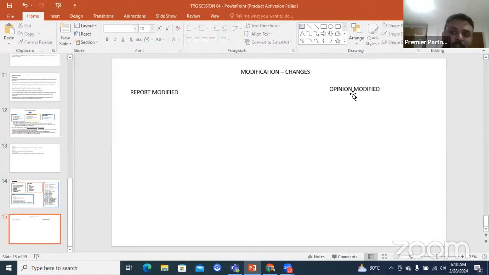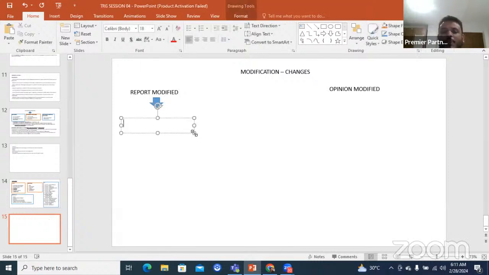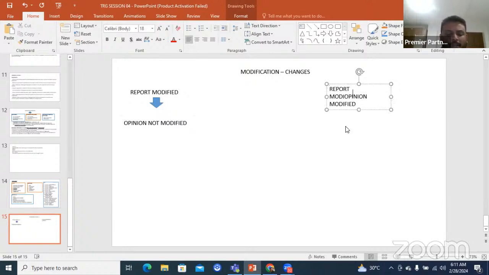Two is opinion modified. If the opinion is modified, automatically the report is modified. But there is a possibility that the report is modified, but the opinion is not modified. So another situation is report modified and opinion modified.